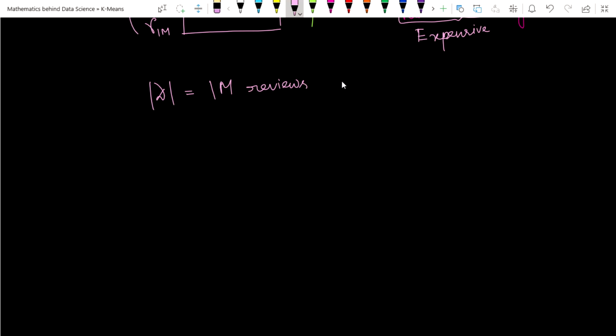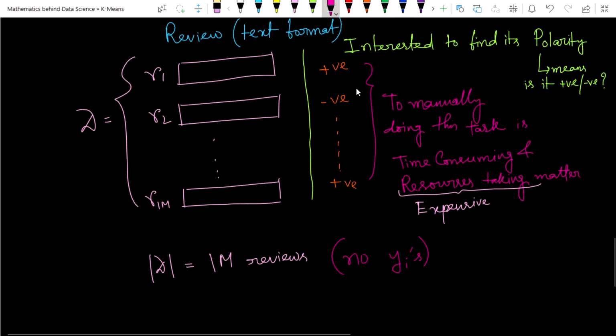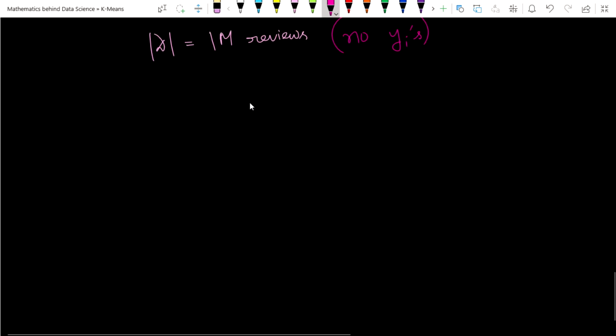The first point is that there are no Yi's for this data set, since there is no polarity value. Our task is to detect this polarity, whether it is positive or negative. First, we have to process this data.